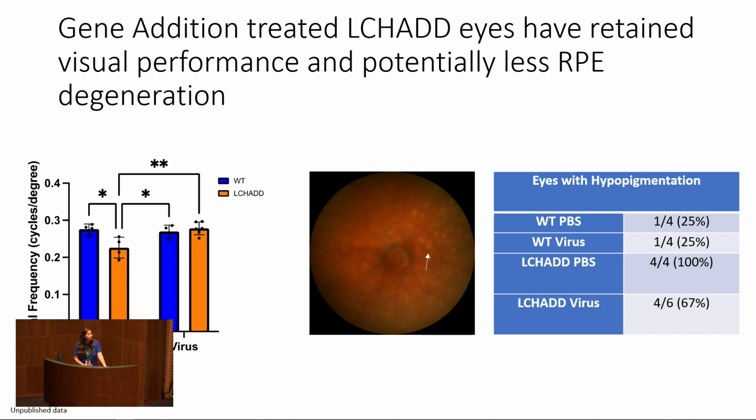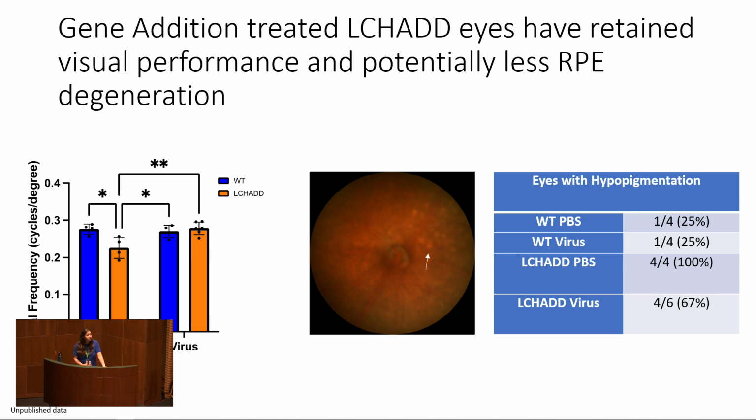In the visual performance at 12 months, which again is the graph on the left, you can see that the LCHADD mice treated with gene addition, the virus ones, had retained their visual performance to the level of the wild type, whereas untreated LCHADD eyes had decreased visual performance, suggesting that gene addition was able to preserve some of the vision in these mice.